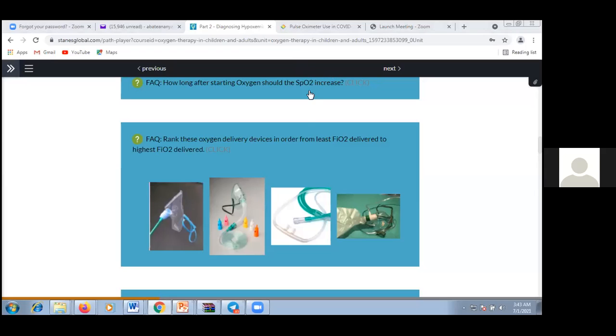So 3124 means nasal prong, face mask, then venturi, then mask with reservoir. Okay, very good. Nasal cannula, simple face mask, venturi, face mask with reservoir from Hussein. Very good.